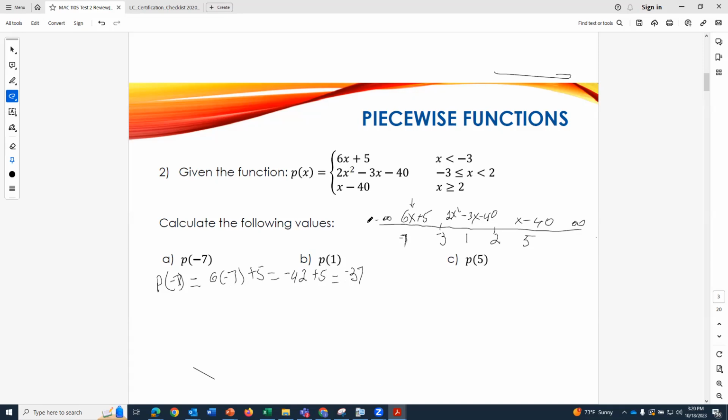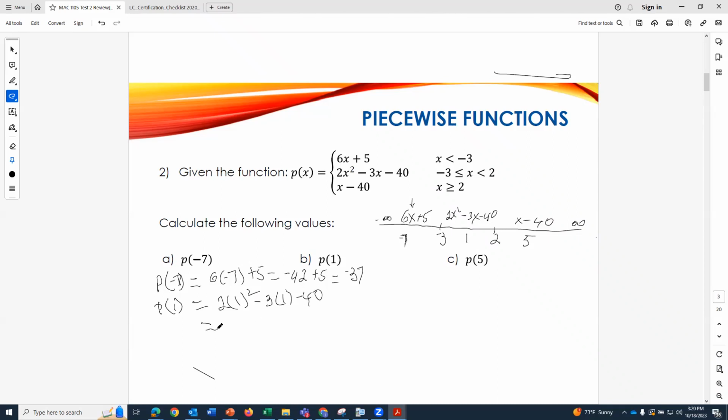And if we calculate p of 1, we'll be using the second one, which is 2x squared. That means 2 times 1 squared, minus 3 times 1, minus 40.